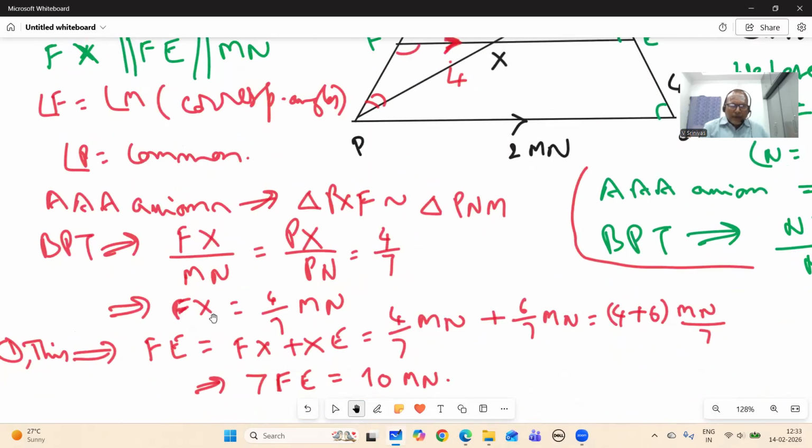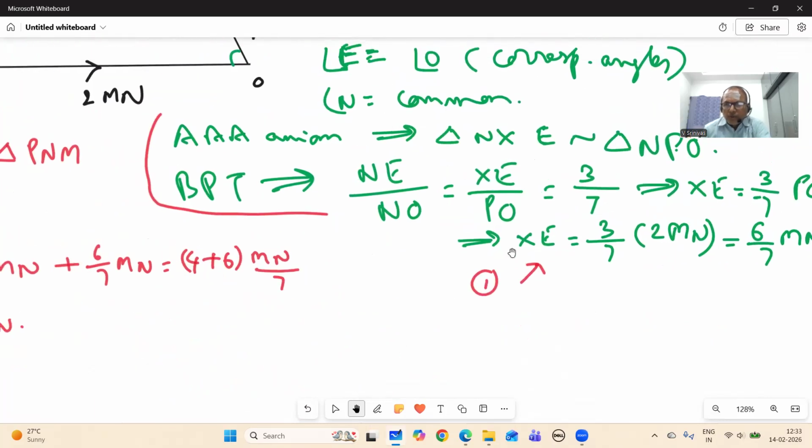After that, we calculated FX. You take MN to the other side. So FX is obtained in terms of MN, and FE is what? FX plus XE. For FX, you take 4 by 7 MN. In the first part, we have got XE is 6 by 7 MN. Add these two.